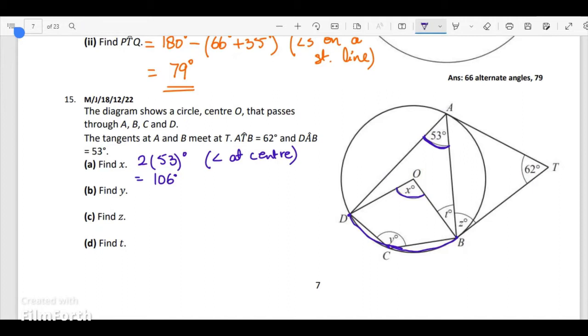Next, find Y. The angle Y is right here. This is what we have to figure out. Now for this one, you see this lies in a quadrilateral.